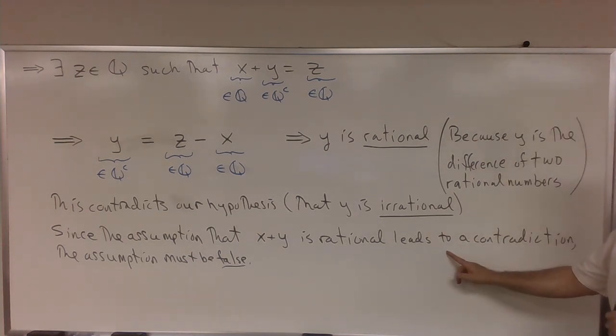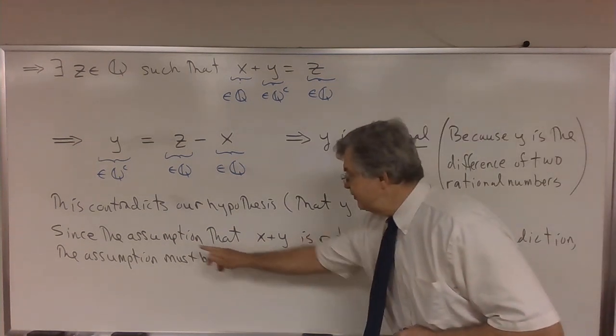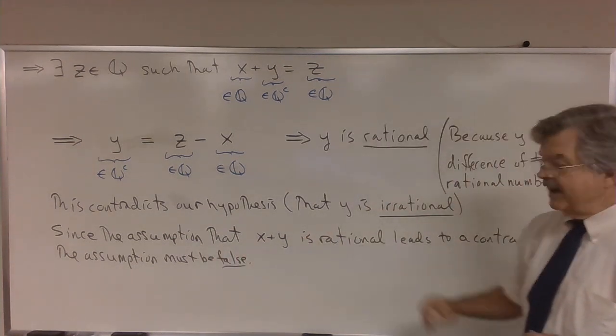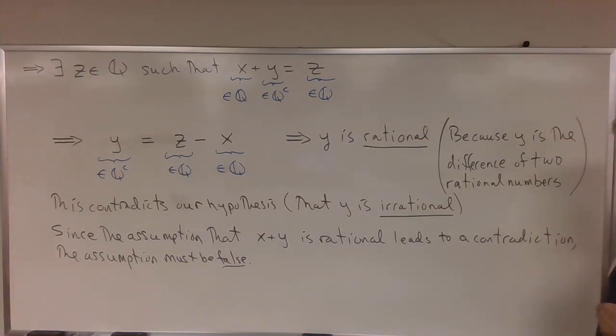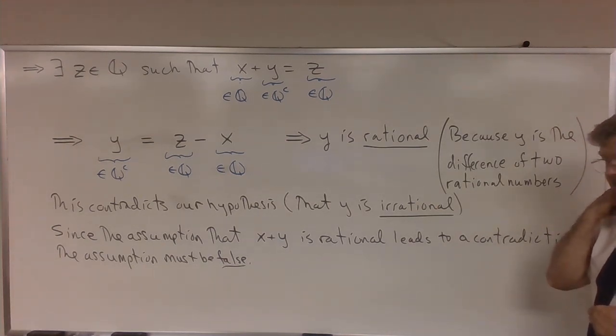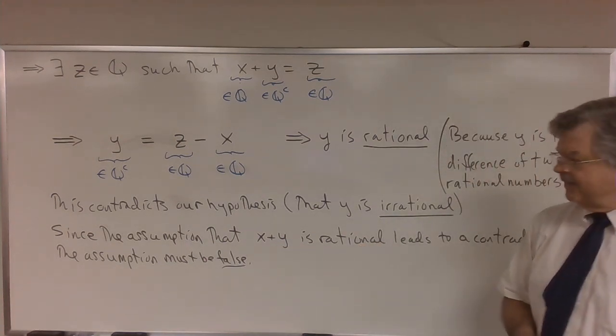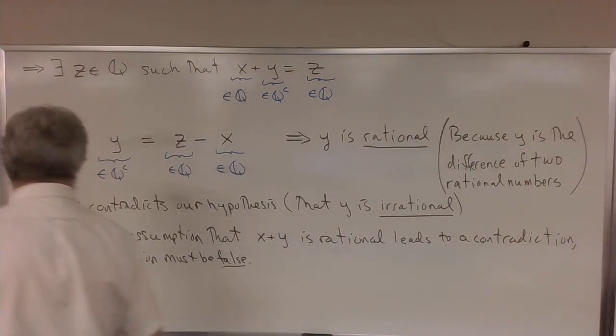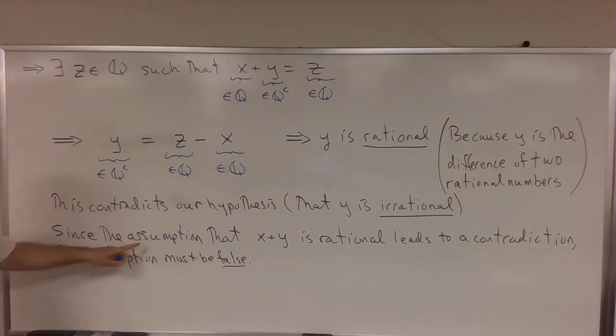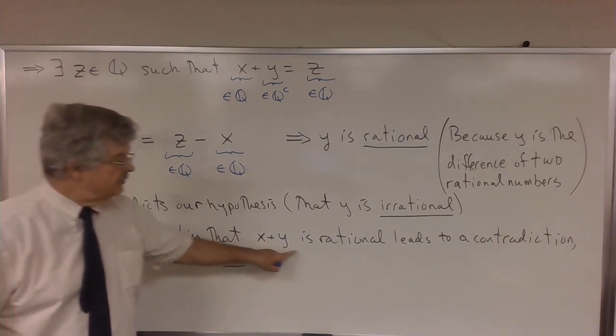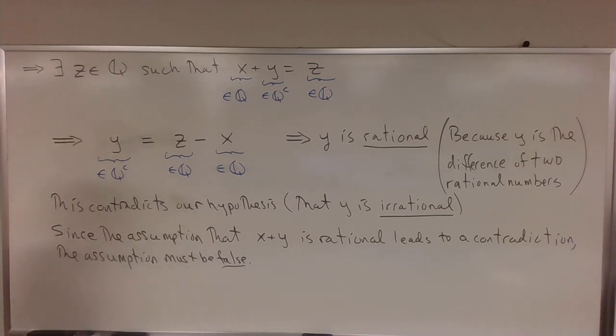And in this case, the thing that caused the contradiction was the assumption that x plus y is a rational number. That's what causes the contradiction. So this assumption must be false. Well, if the assumption that x plus y is rational must be false, then the negation of that must be true.